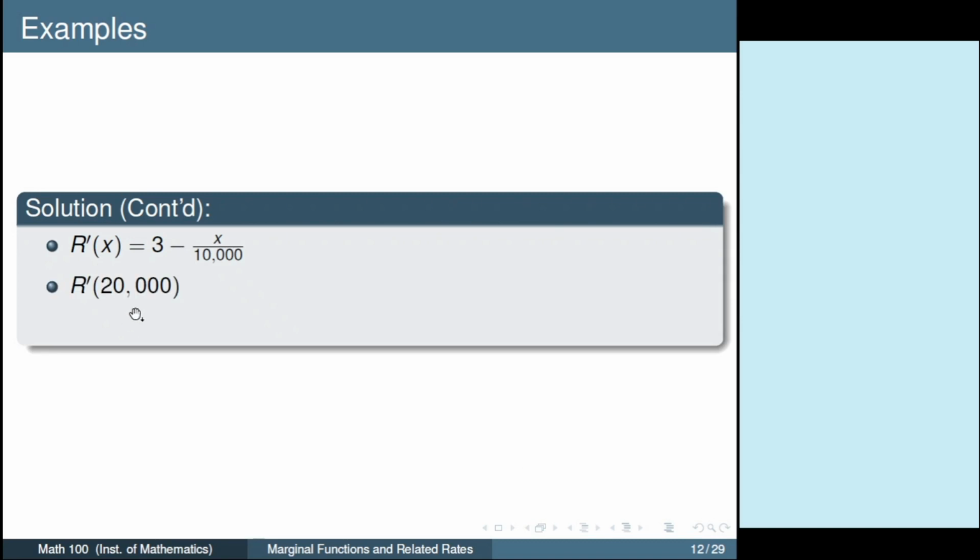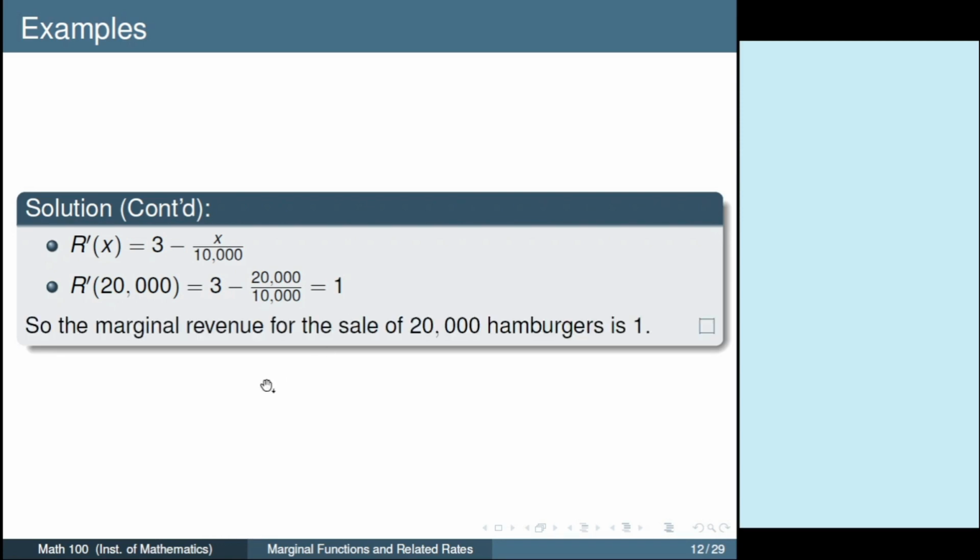And we want to get specifically the rate of change at x equals 20,000. So that will be 3 minus 20,000 divided by 10,000. So we have 3 minus 2 equals 1. Okay? So the marginal revenue for the sale of 20,000 hamburgers is 1. So this is our last example for the first part.